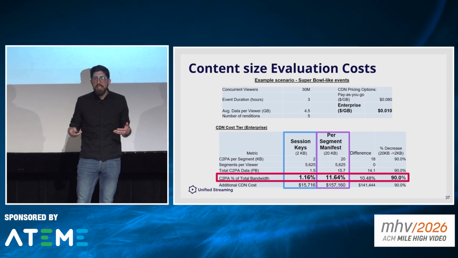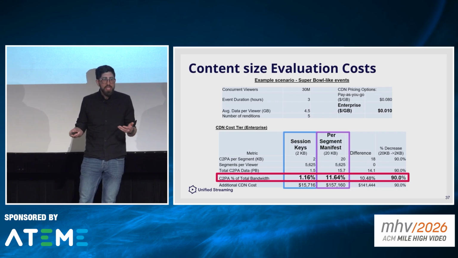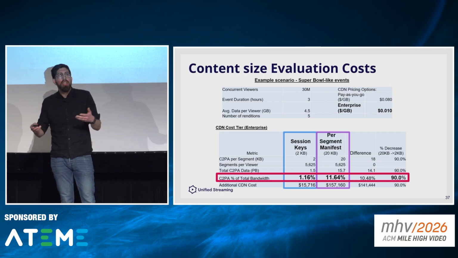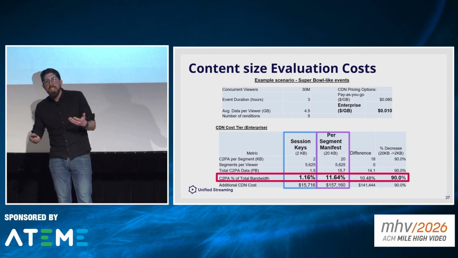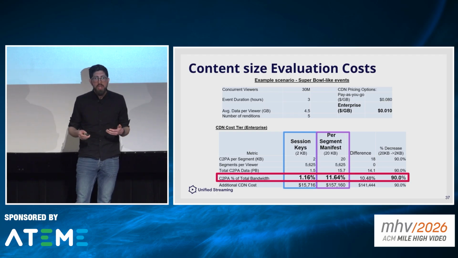You can see the added C2PA total bandwidth for the session keys is 1.16%, and for the per-second manifest 11.64%. If you have hundreds of channels that would like to use C2PA metadata, that becomes something to discuss with colleagues, right?